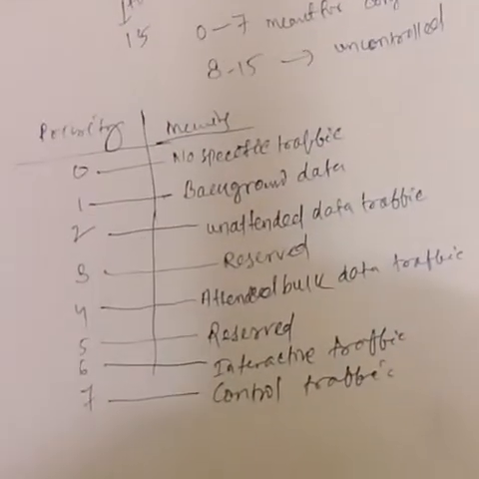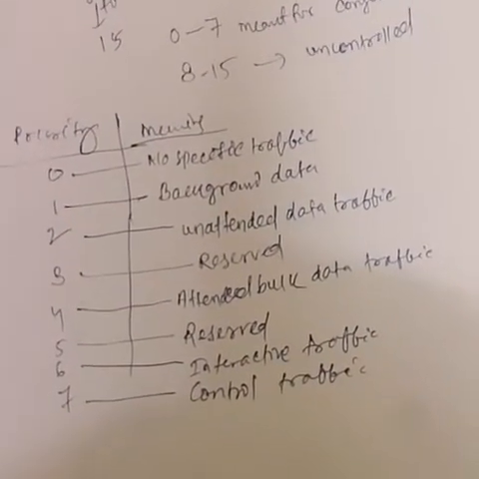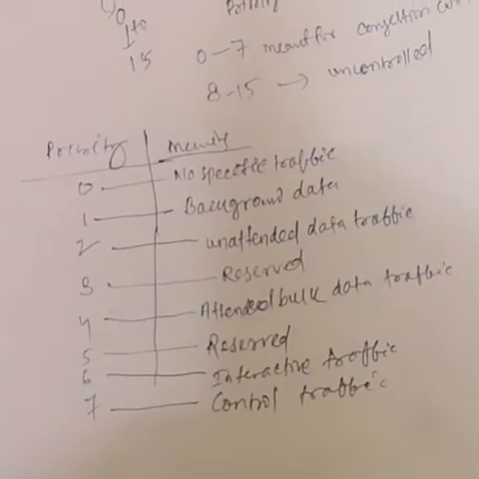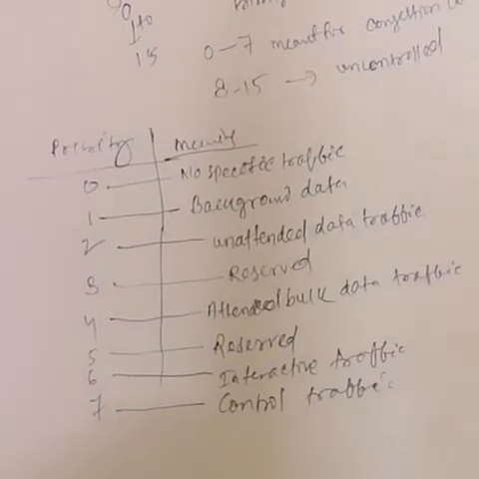Now, what does no specific traffic mean? What is its priority value? 0. And 0 means least priority.